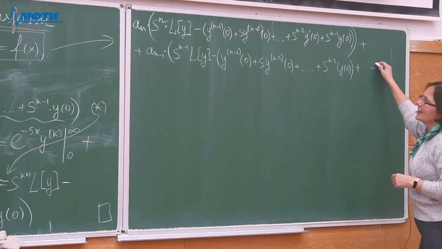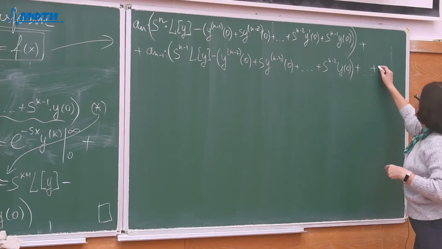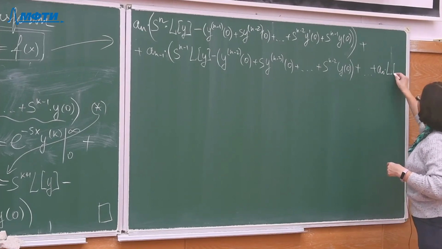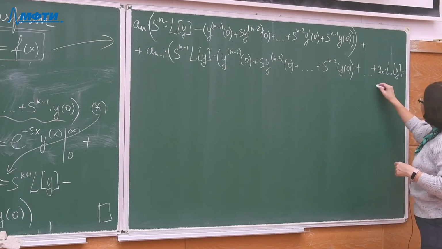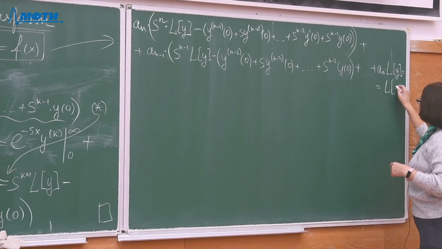And the last would be a_0 times L of y, equals L of f.